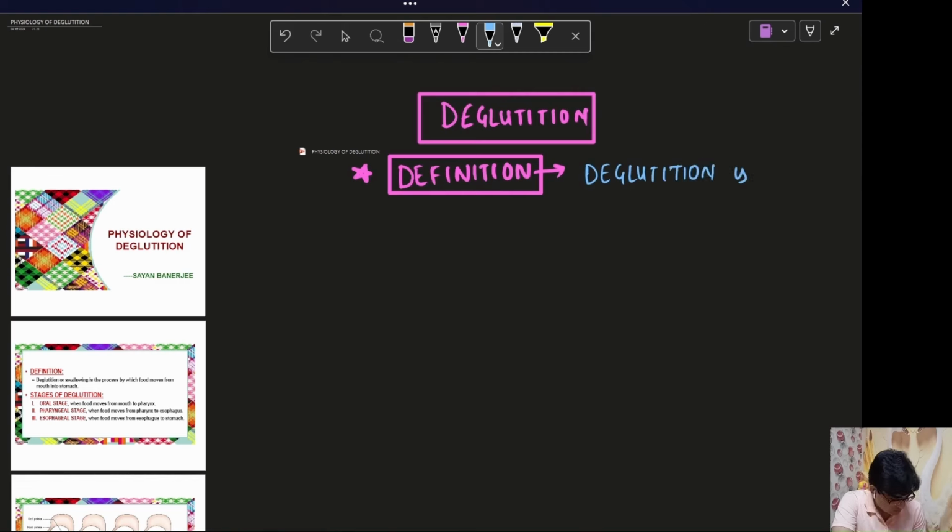So, deglutition is the process of swallowing any food.